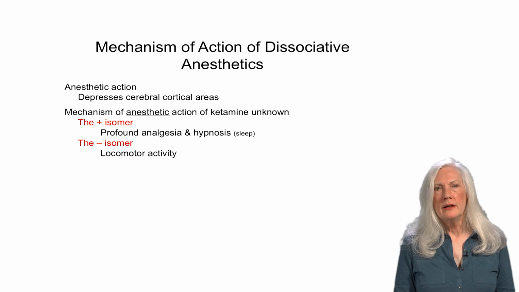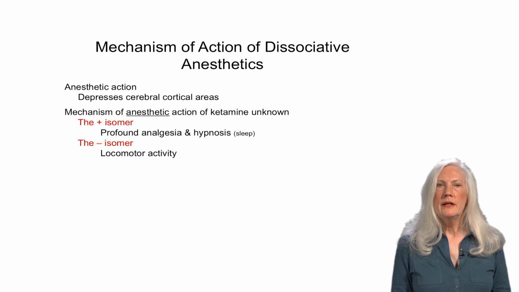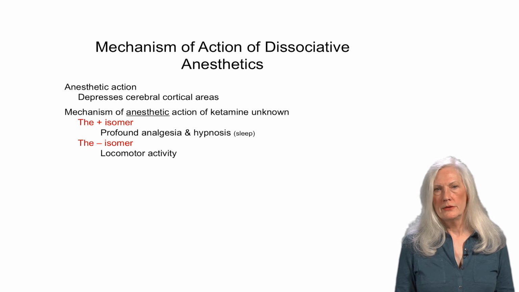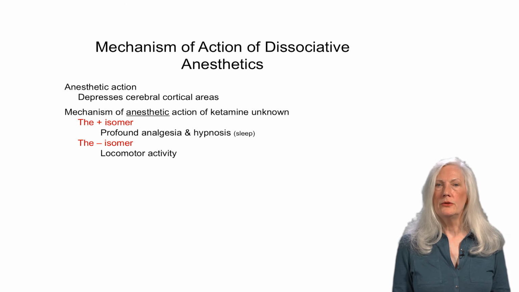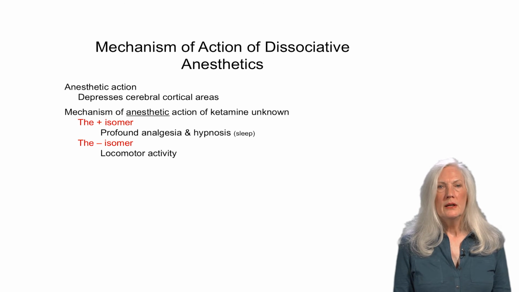To simplify, the anesthetic action of dissociative anesthetics is basically that they depress cortical areas, but allow normal activity through other sites responsible for reflexes and so forth. An interesting point is that the anesthetic action of ketamine depends heavily on the isomer used.